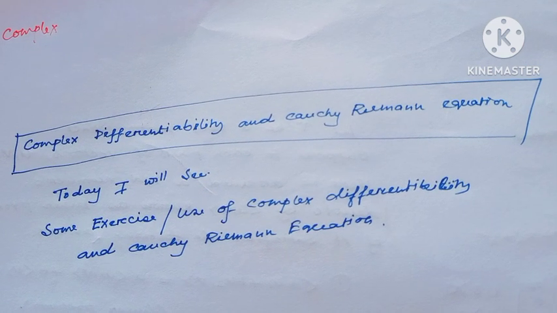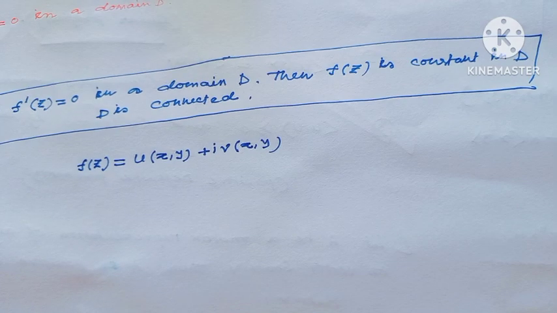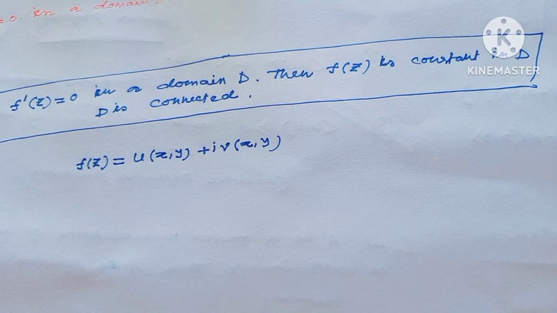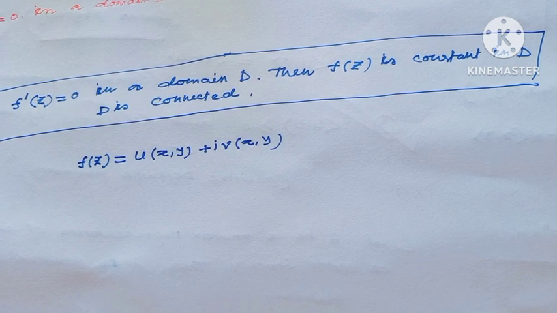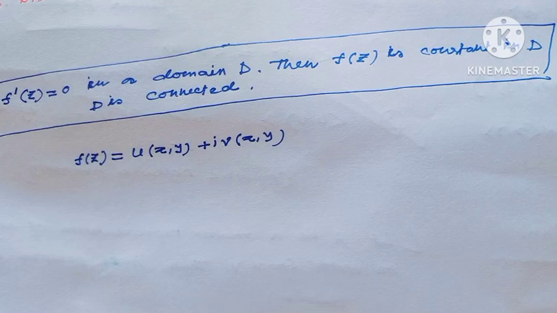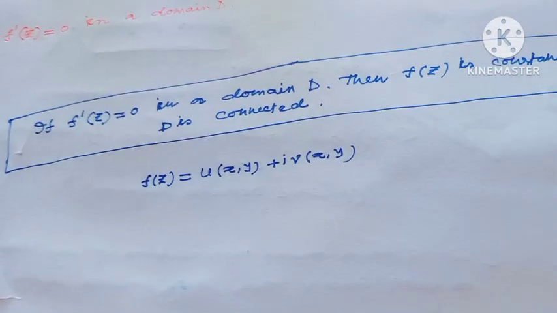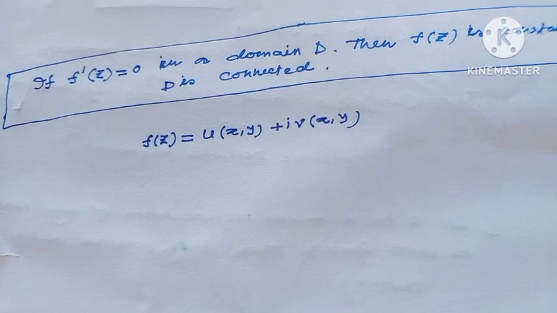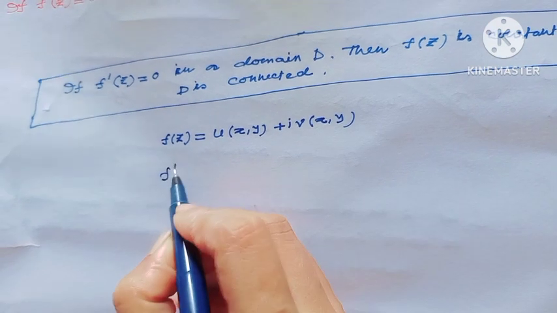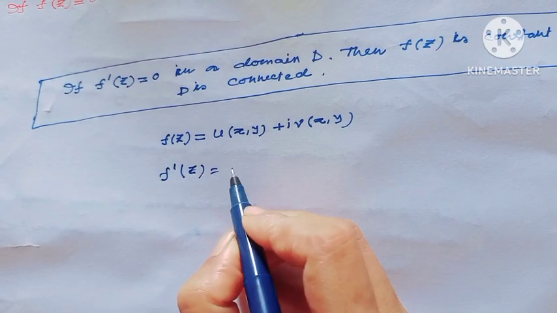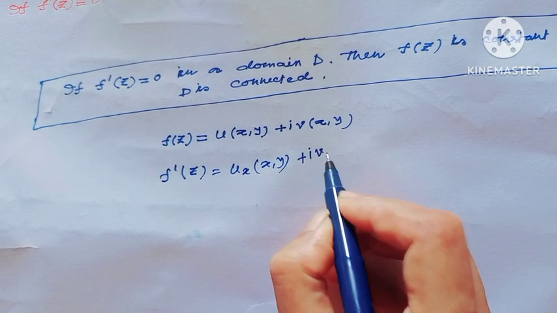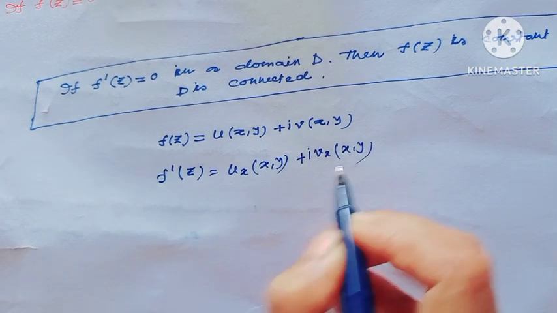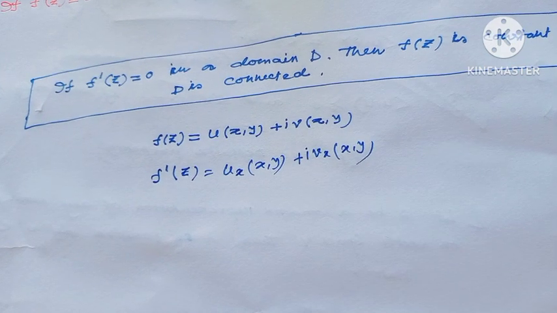Okay. First example, on the complex plane. f(z) equals u(x,y) plus i v(x,y), and here f'(z) is given. If f'(z) equals 0, then f'(z) equals u_x(x,y) plus i v_x(x,y) if we differentiate with respect to x.